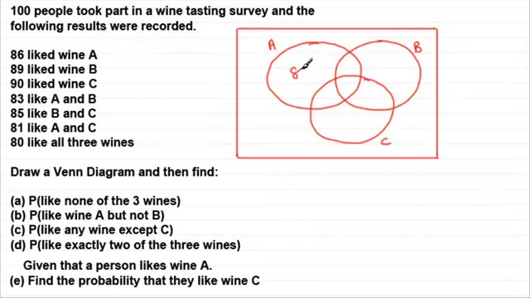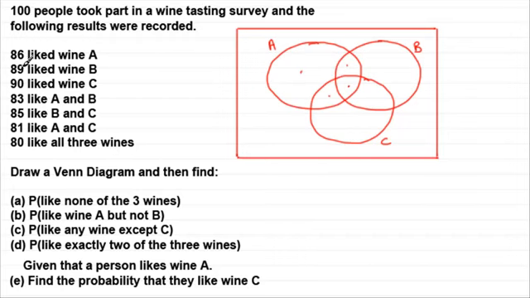You can't go around writing 86 in here, because this would just represent 86 that liked just A, and they didn't like B or C. And that's not the case. 86 like wine A, that is the total of whatever number you put in here, here, here, and here. Okay? So it's got to total 86.